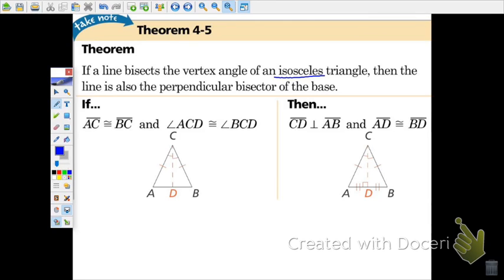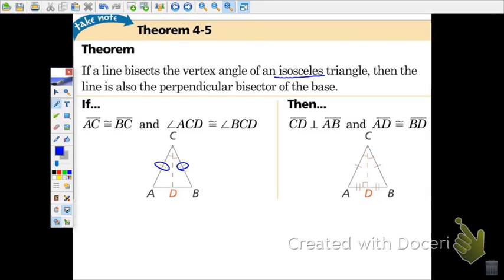So, again, this applies to an isosceles triangle. When I look at my diagram, I know I have an isosceles triangle because I have two sides that are congruent. Then I have this vertex angle that is being bisected. So angle C is that vertex angle.